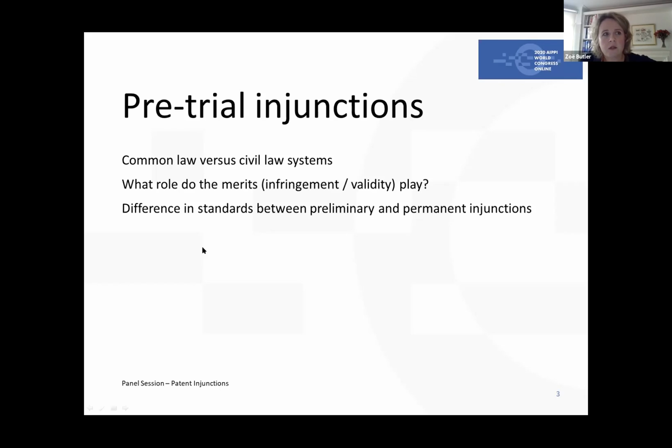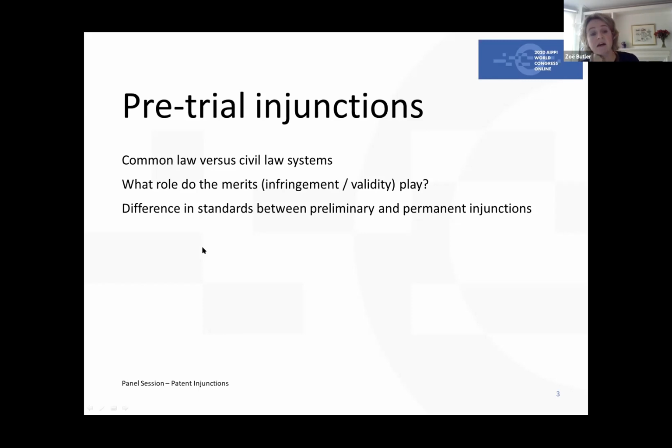There, the Court of Appeal accepted that there was still a serious issue to be tried. Now, the PI failed, but that was on other grounds to do with adequacy of damages. But on that threshold question, the fact that the opposition division had found the patent invalid wasn't in itself decisive.